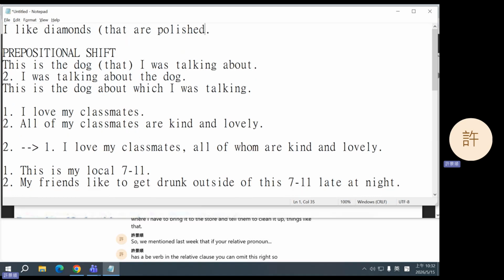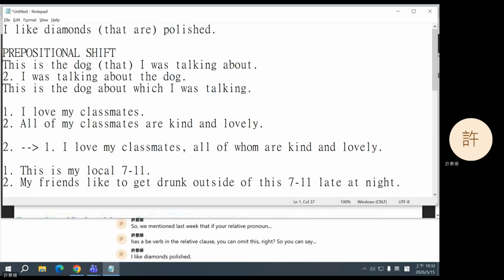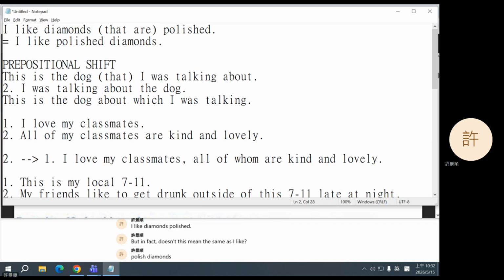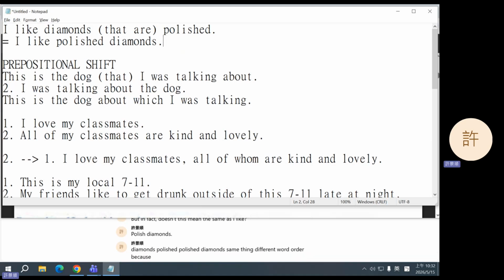So you can say, I like diamonds polished. But in fact, doesn't this mean the same as I like polished diamonds? Diamonds polished, polished diamonds. Same thing, different word order because you're getting to the end point using two different grammar concepts.